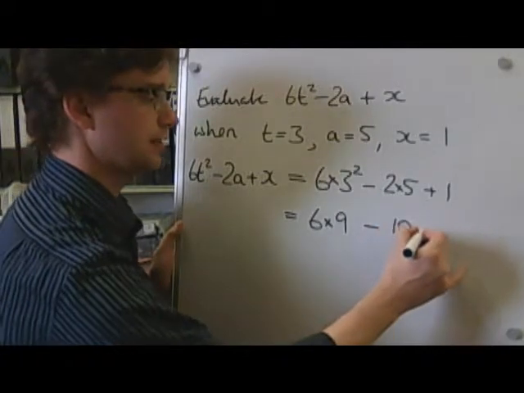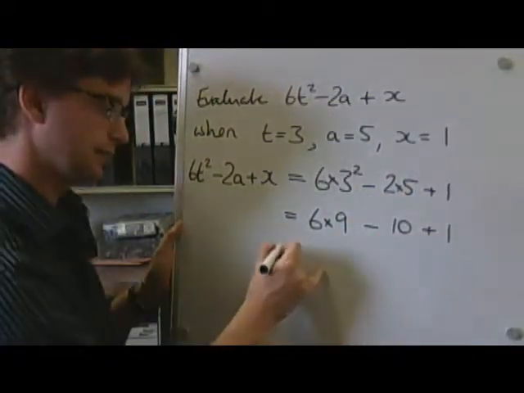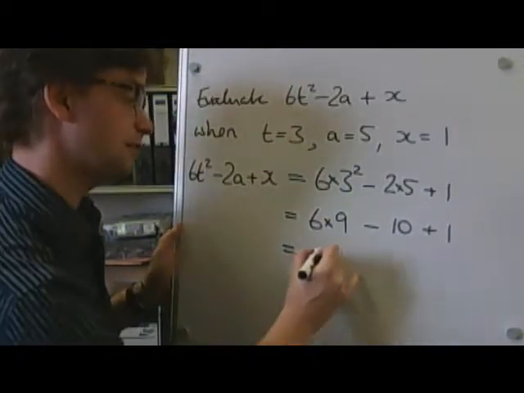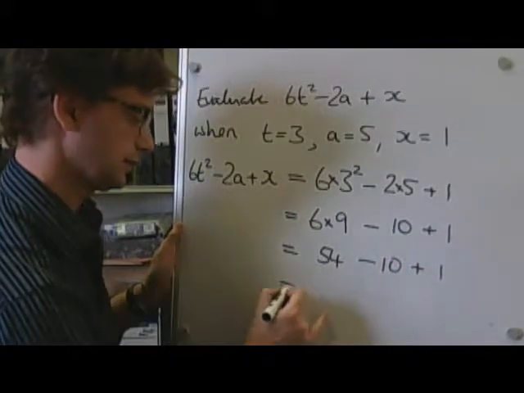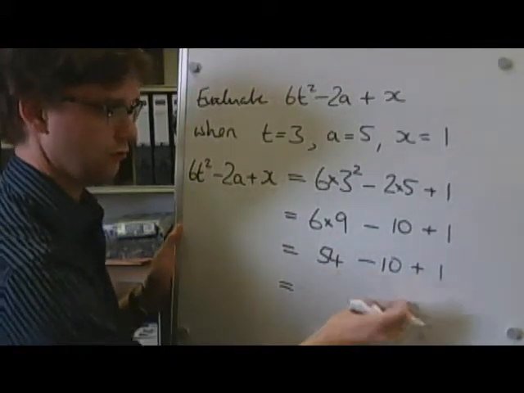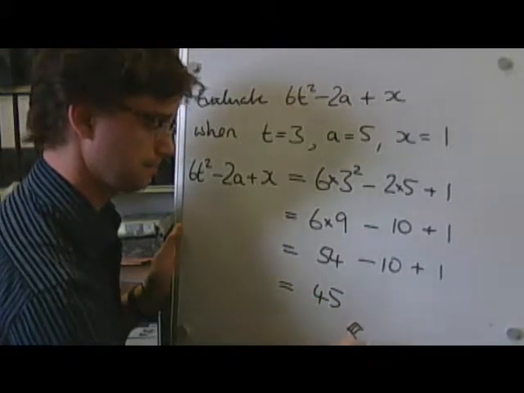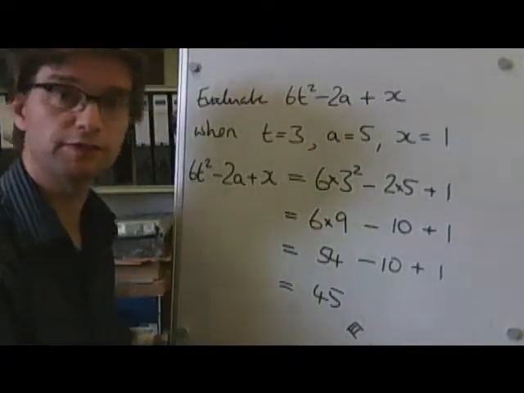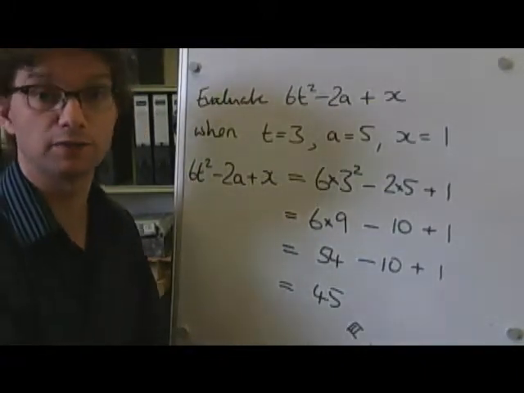I can do my minus 10 plus 1, because 2 times 5 is 10, and plus 1 is that. 6 nines are 54, minus 10 plus 1. So 44 plus 1 is 45. So there you go, simple little video on simple algebraic expressions and evaluating them when you know the numbers.